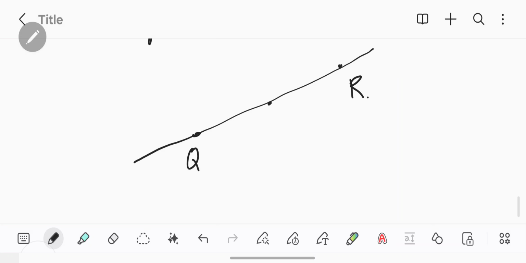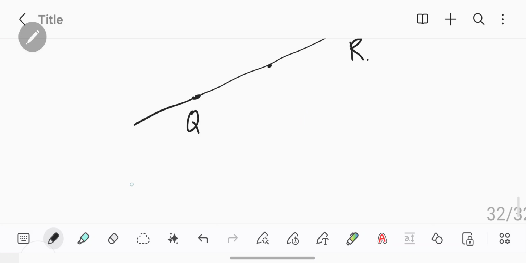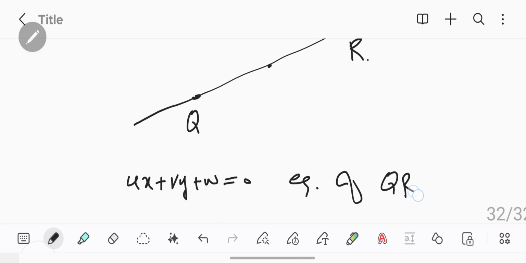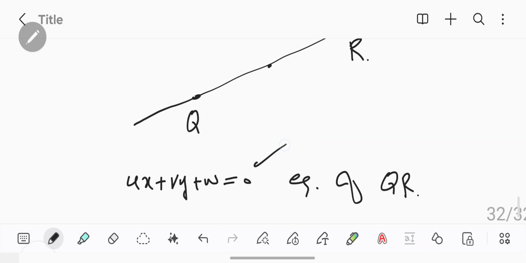In other words, mathematically, if ux plus vy plus w equal to 0 is the equation of the line QR, then this point must satisfy this equation.